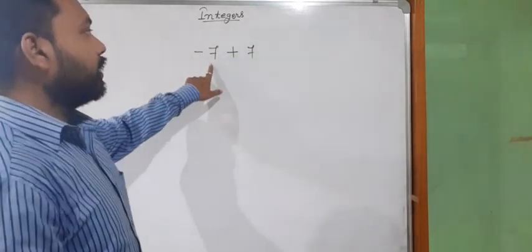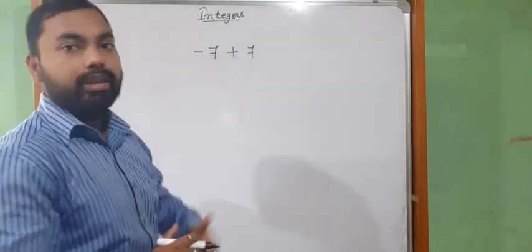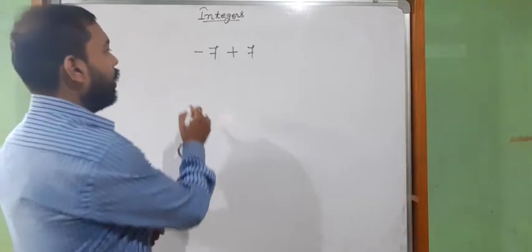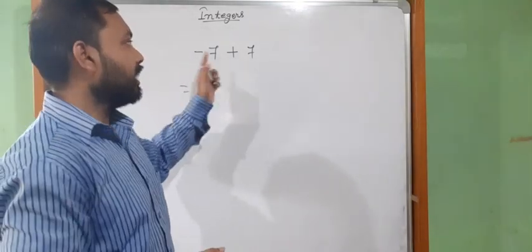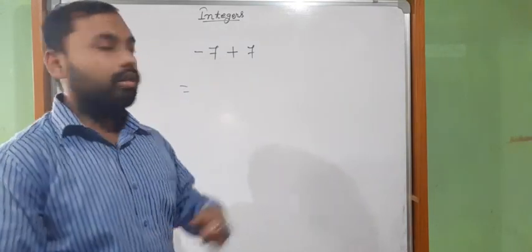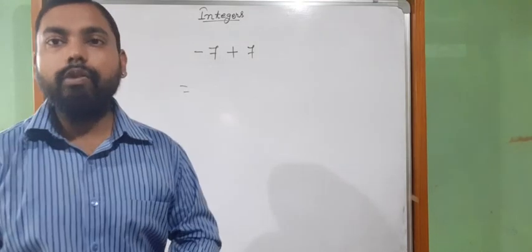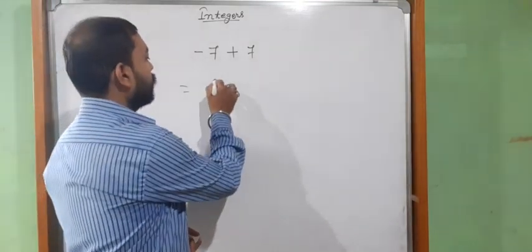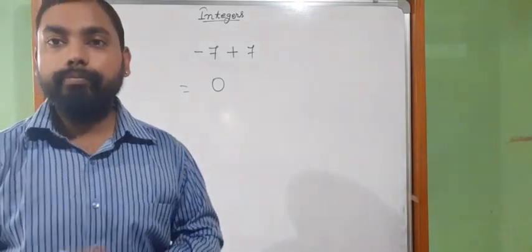As you can see, these two numbers are the same, but they have opposite signs. According to the rules, minus and plus, it will be minus. That means we have to subtract, and if you subtract 7 from 7, what will be the answer? It will be 0.